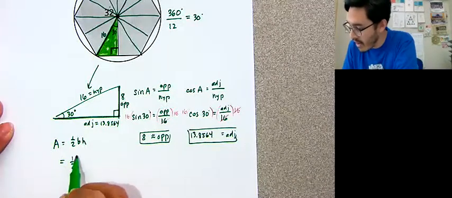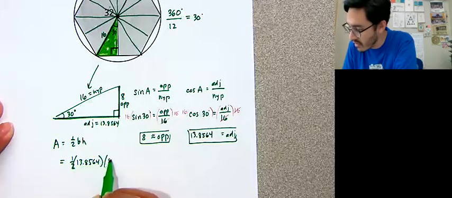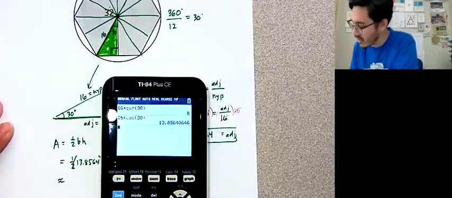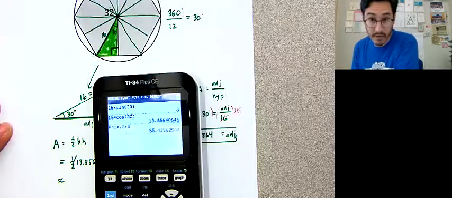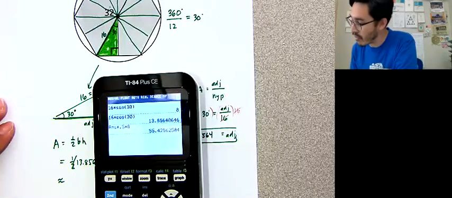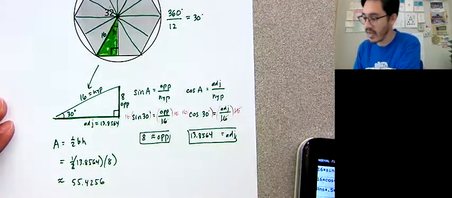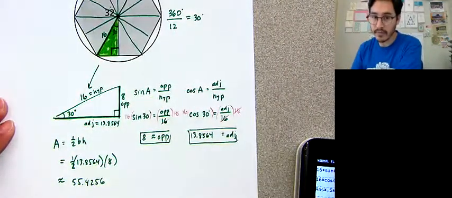It's going to be 1/2 times 13.8564 times 8, which is going to be 55 point, and again, I'm going to go 4 decimal places since this is not the final answer, 55.4256. So that is the area of just one right triangle.